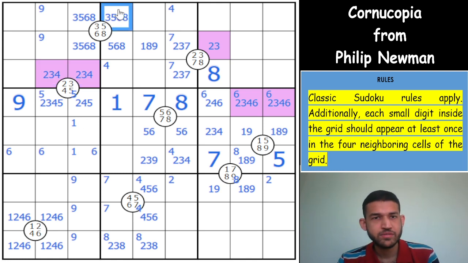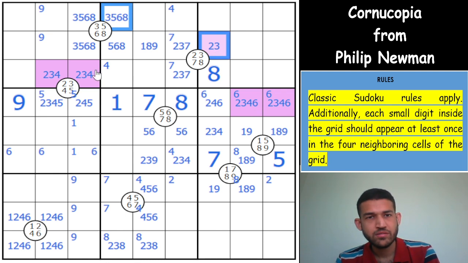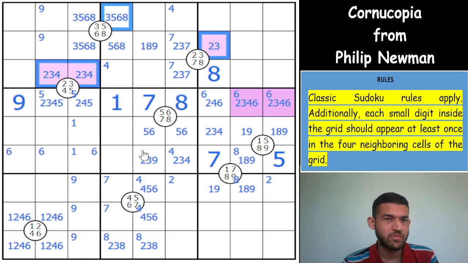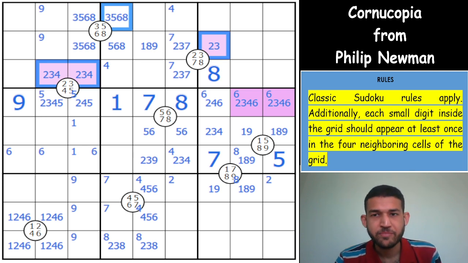Whatever is in here is really a narrow deduction, I would say, because it's eluding capture.